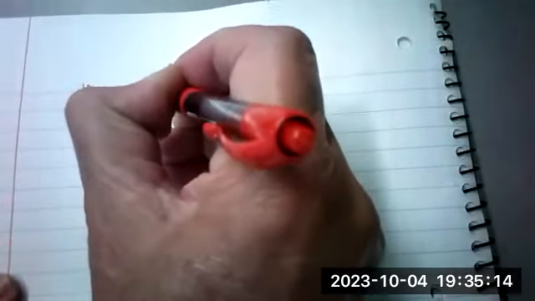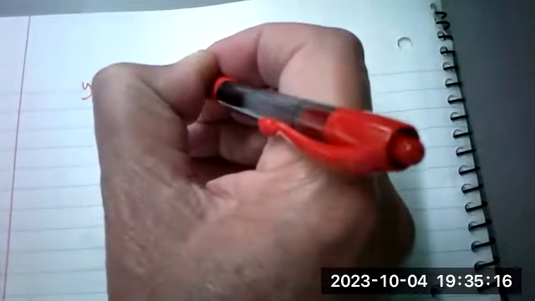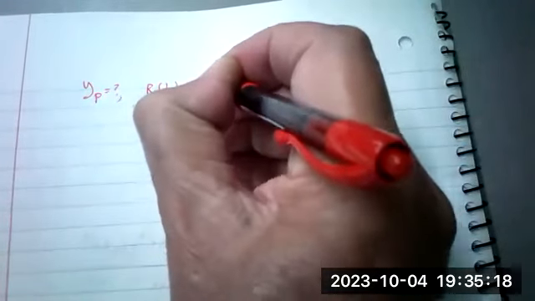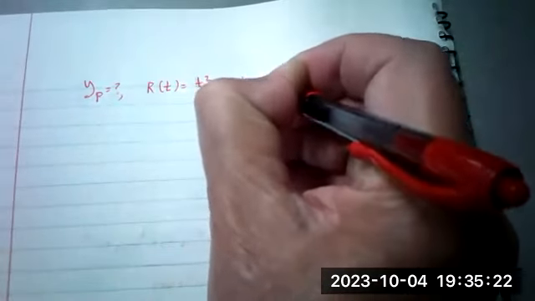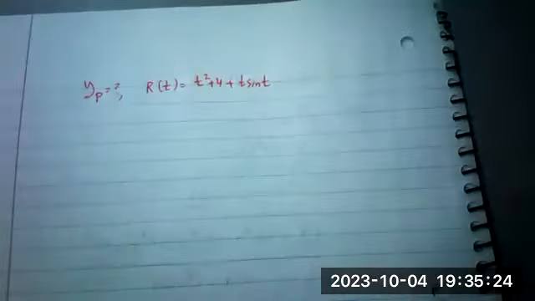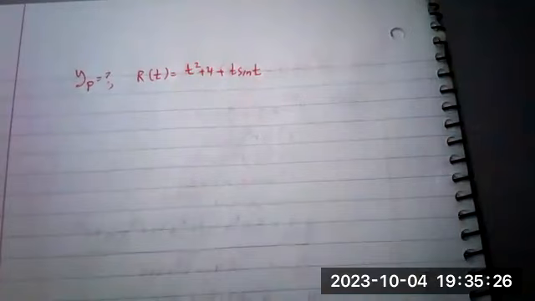Okay. So what is going to be your YP? We want to get the YP, but R of T is a polynomial, t squared plus 4, plus t sine t. You do the polynomial first, it is a quadratic.